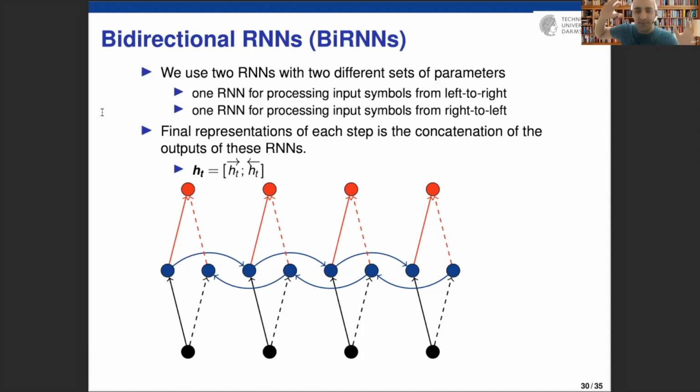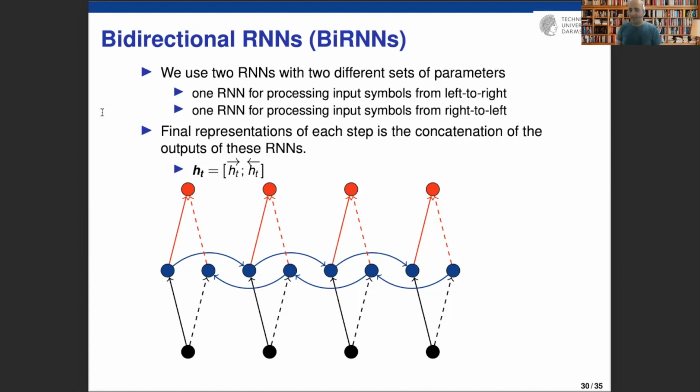So it's helpful to have bidirectional inputs or bidirectional context. In this sense, the final representation of each step is the concatenation of the outputs of these RNNs: the hidden state at each time step is the concatenation of the forward pass and the backward pass, the left to right pass and the right to left pass.